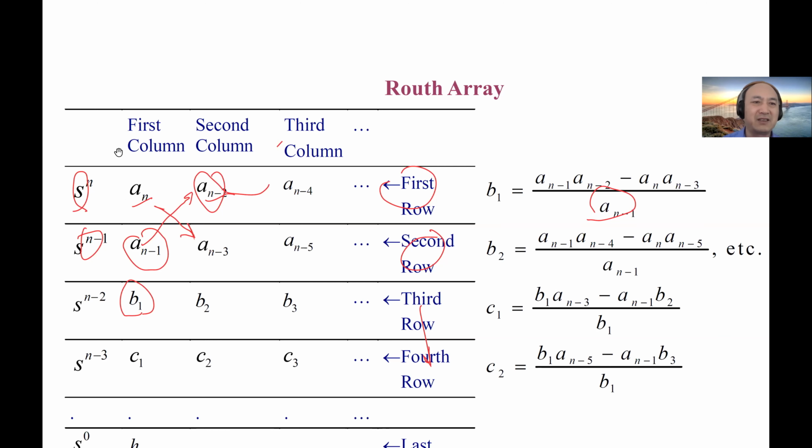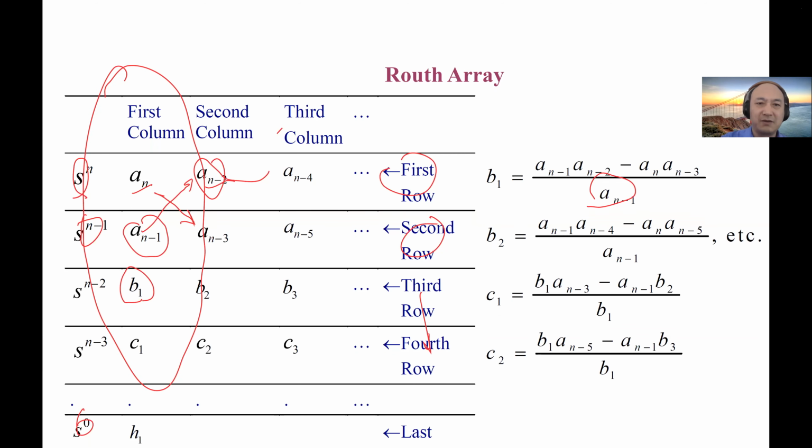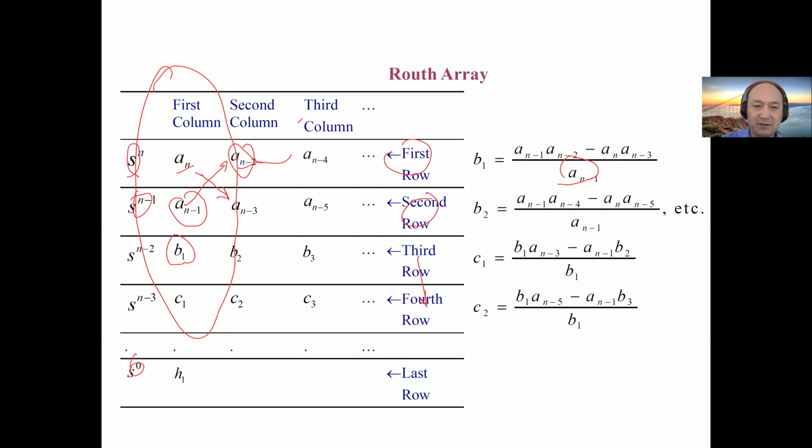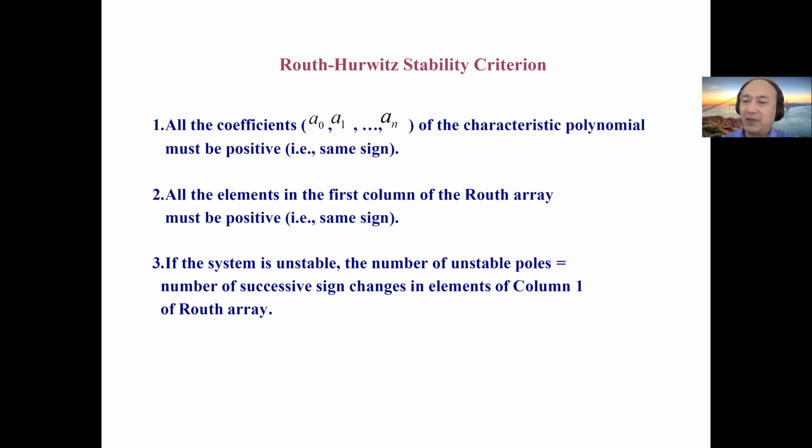But after you did that, how are you going to tell the stability of the system? Basically you need to check the first column. Is there any sign change? Remember, until s to the power of 0. So basically it says that to be stable, all your coefficients must be positive, same sign.